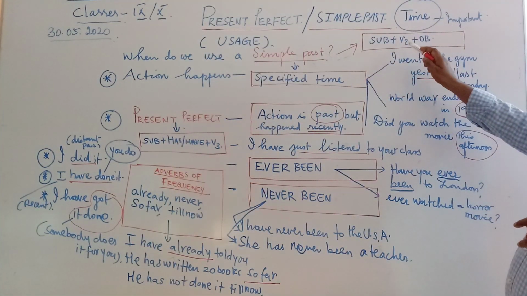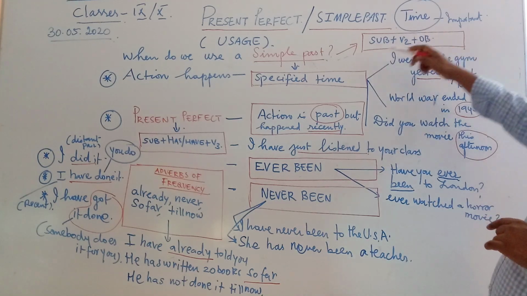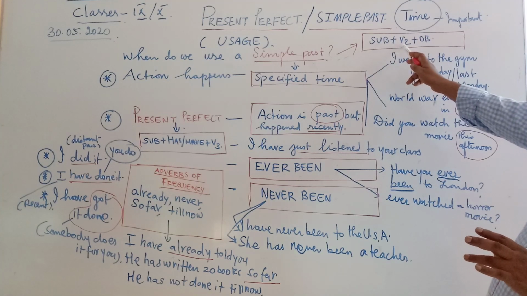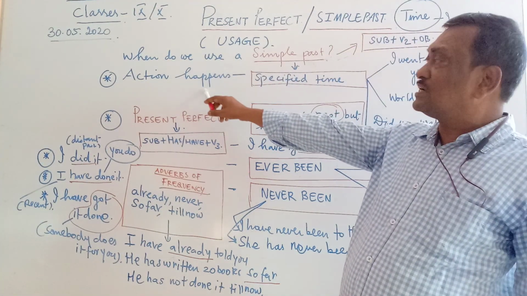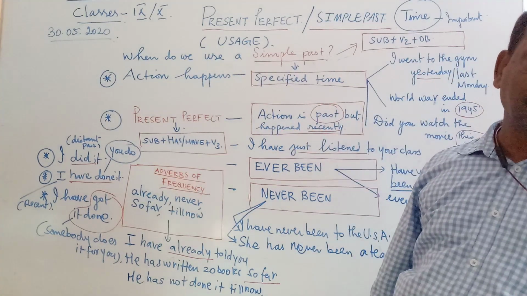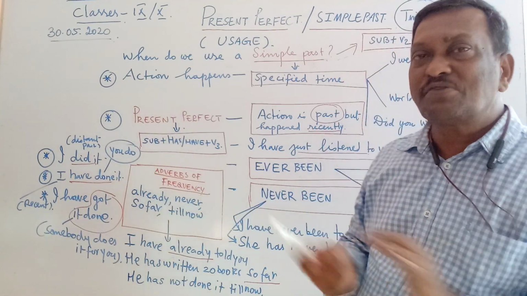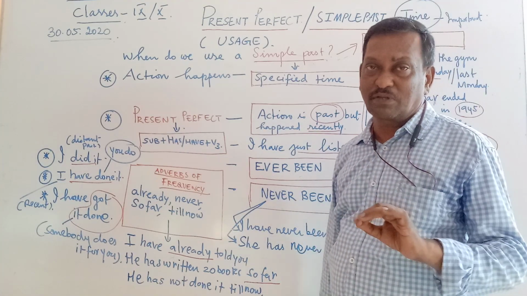Subject plus V2 plus object. Well, object sometimes is not used, but these two things are very important. And here again, if you look, the action happened at a specified time. So we use a simple past to talk about an action which happened at a specified time.